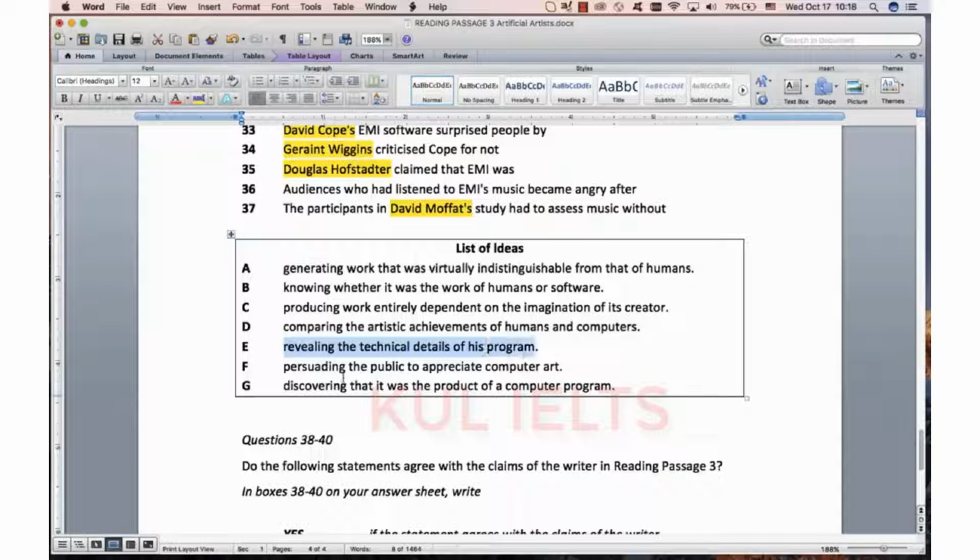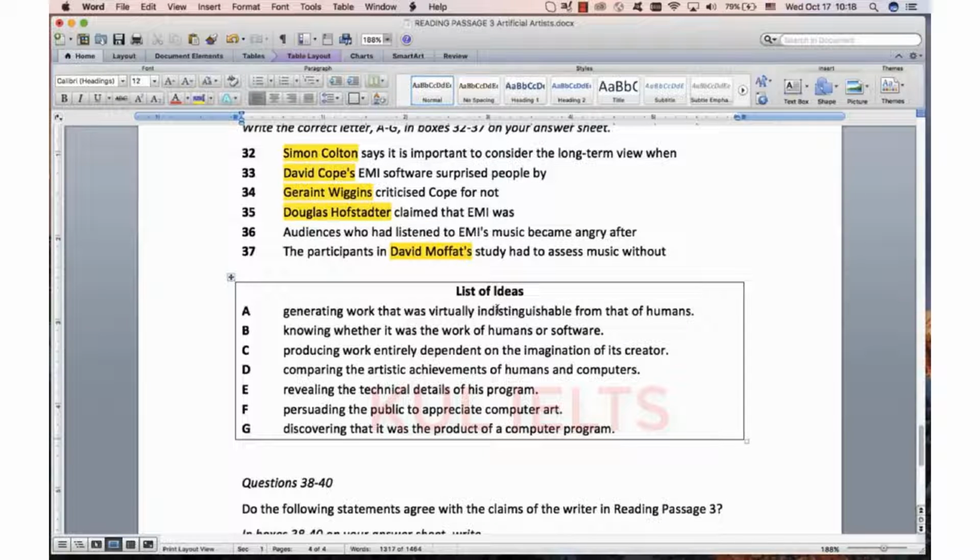Technical details, no. Persuading the public to appreciate computer art, no. Discovering it was the product of a computer program, no. So you're going to read through these carefully. You need to know these well. That first one was one of these 3, I would say, because the word humans is there. I think we can do it. I think it's straightforward enough and easy enough to actually do this one first.